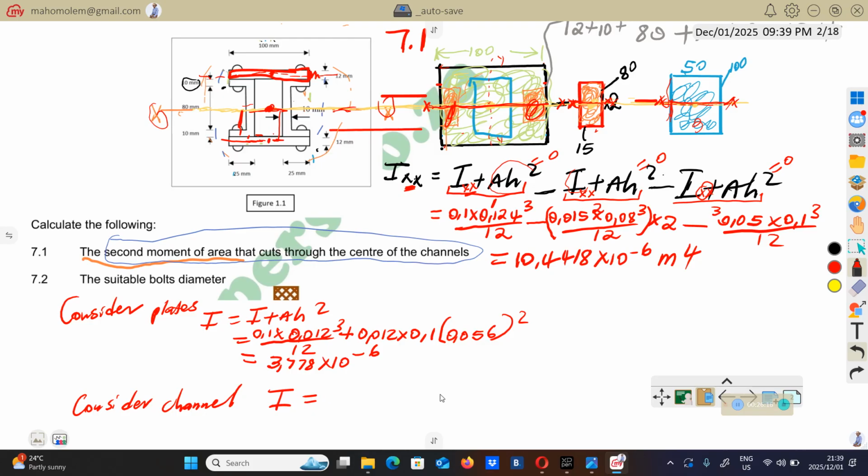So they will approach this channel like this. They will say before this channel comes like this. Sorry, it was initially a box like this minus this part.